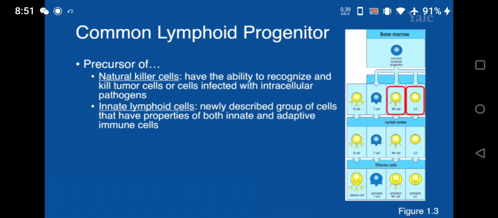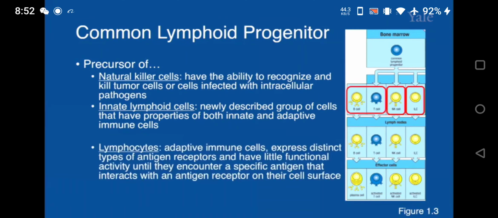Innate lymphoid cells, which are a very newly described group of cells that have properties of both innate and adaptive immune cells, as well as the lymphocytes, which are composed of the B and T cells, which are adaptive immune cells, and these express distinct types of antigen receptors and have little functional activity until they encounter a specific antigen that interacts with the cell-specific antigen receptor on their cell surface.